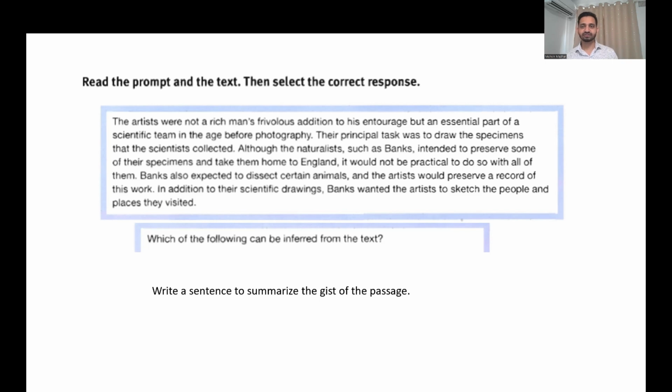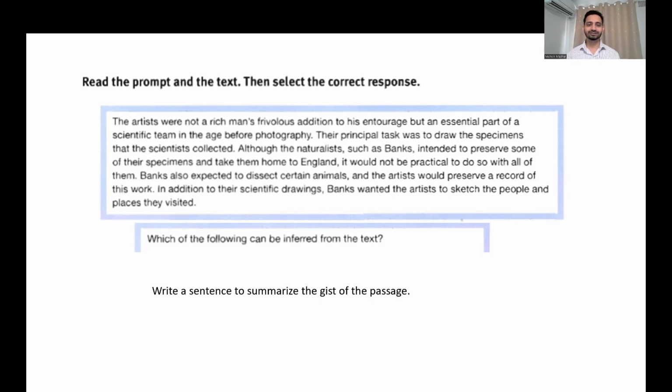Their principal task is referring back to the artist. So their principal task was to draw the specimens that the scientists collected, okay? Although the naturalists, such as Banks, intended to preserve some of their specimens and take them home to England, it would not be practical to do so with all of the specimens, right?